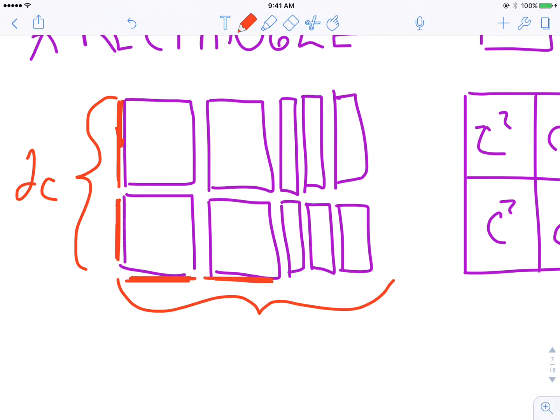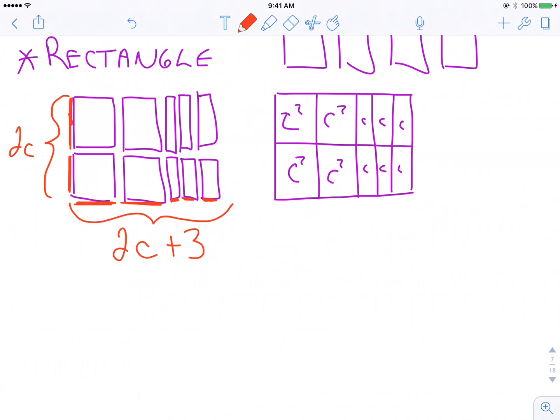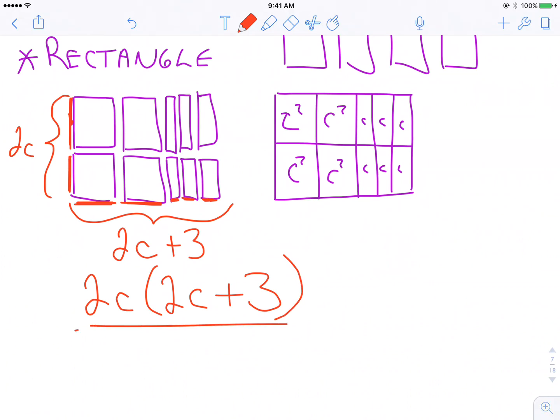This dimension here represents c. This is a 1, this is a 1, this is a 1. That's 2c plus 3. So my polynomial when factored would be 2c times 2c plus 3, the area of that rectangle giving us the polynomial that we started with.